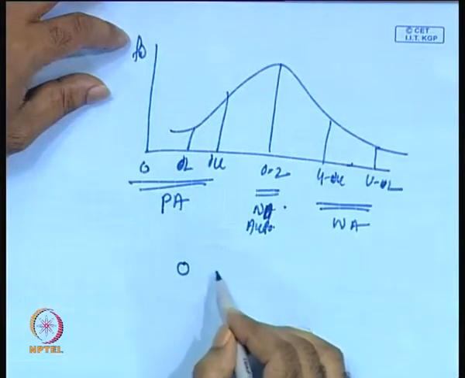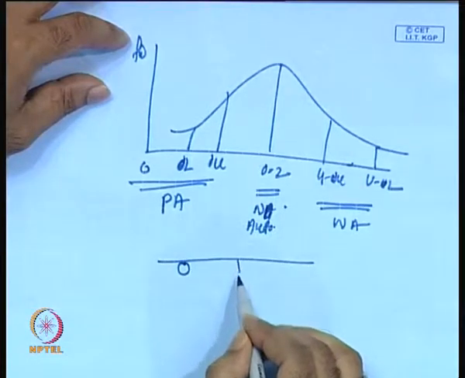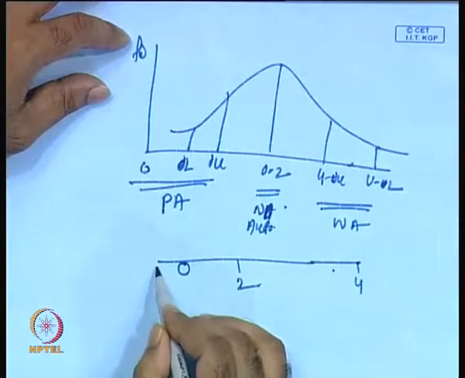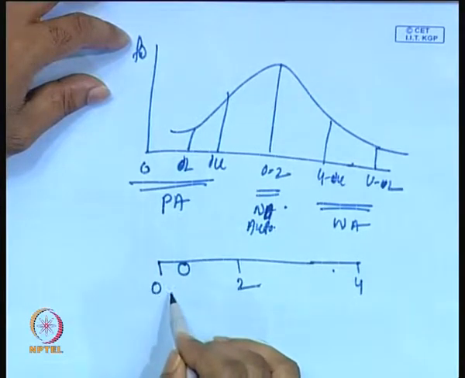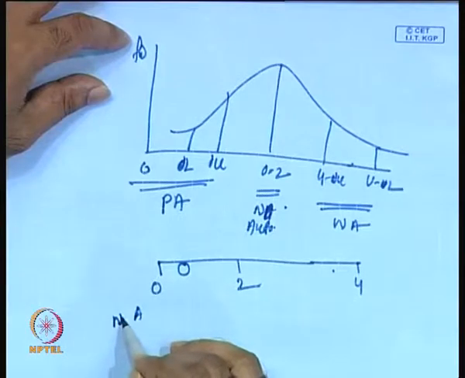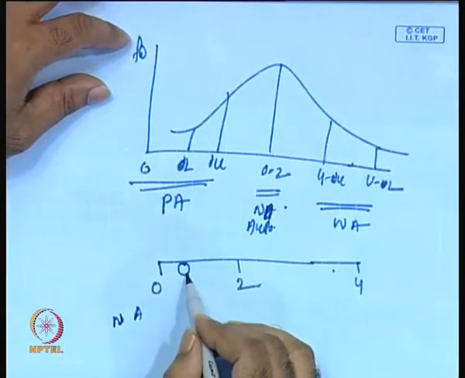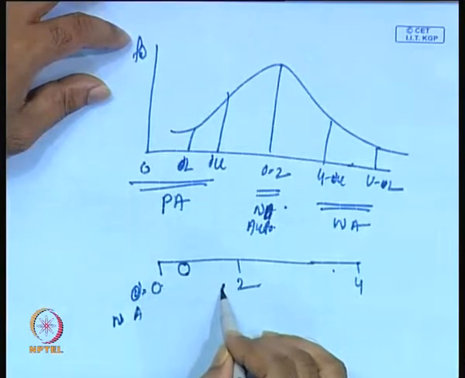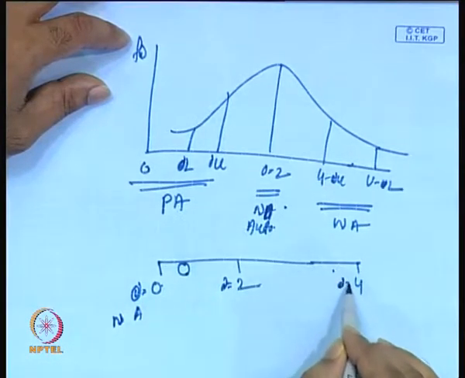One extreme is 0, another extreme is 2, another extreme is 4. So d equal to 0, d equal to 2 and d equal to 4.